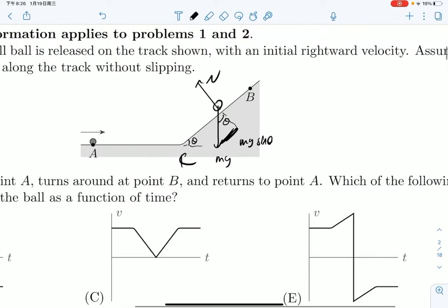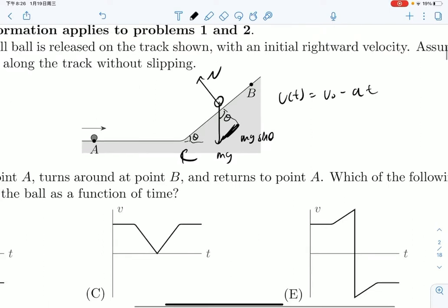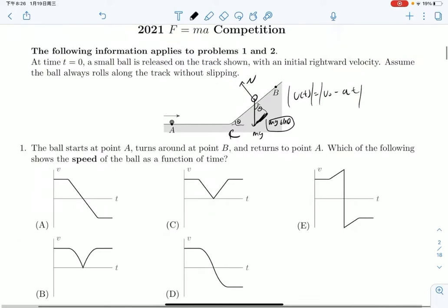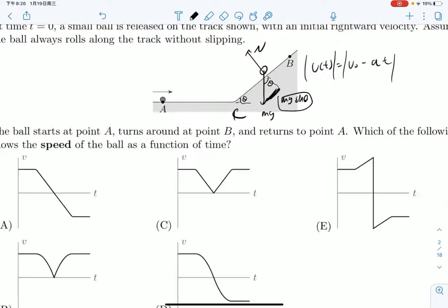And velocity is equal to initial minus a t. Because the acceleration over here is constant, the speed, which is the absolute value of velocity, is just basically a straight line.